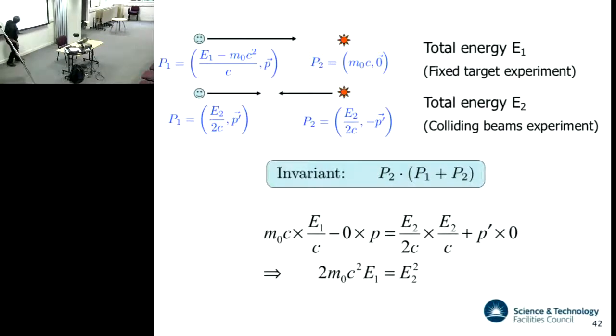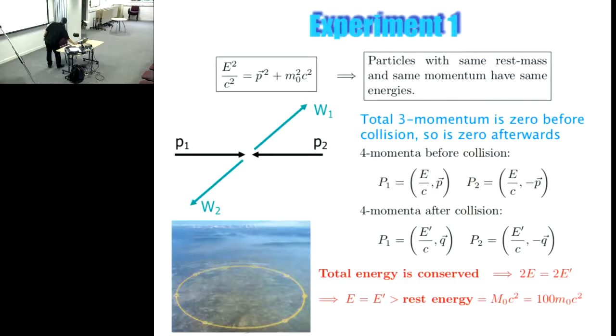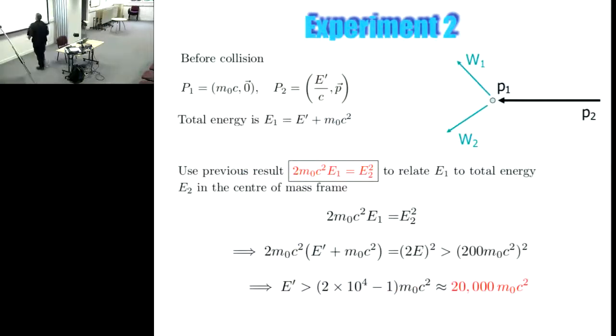Total energy: E2, two things are hitting each other; E1, one of them's at rest. So we've got this relationship here, and you bang in the numbers, and it turns out that you need a 20,000 TeV beam to do that.